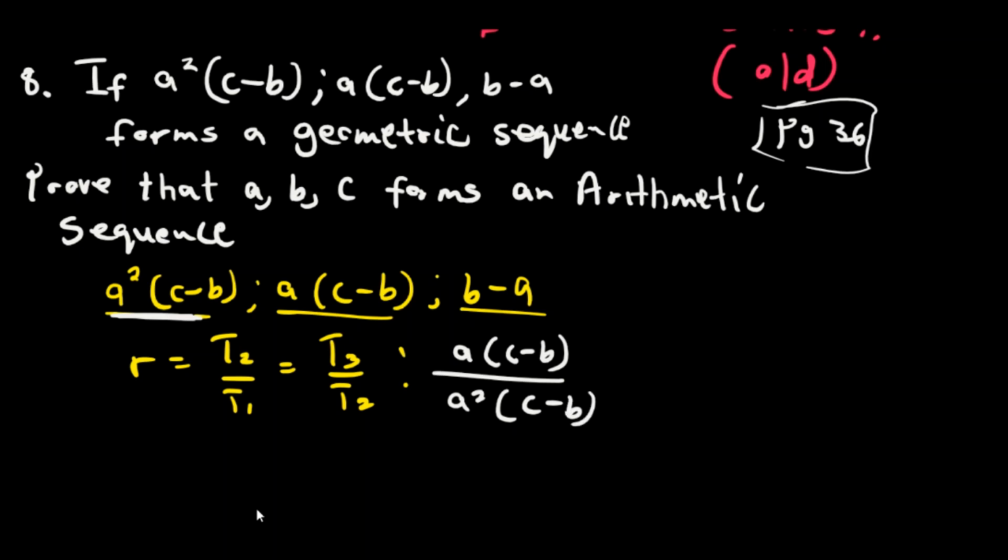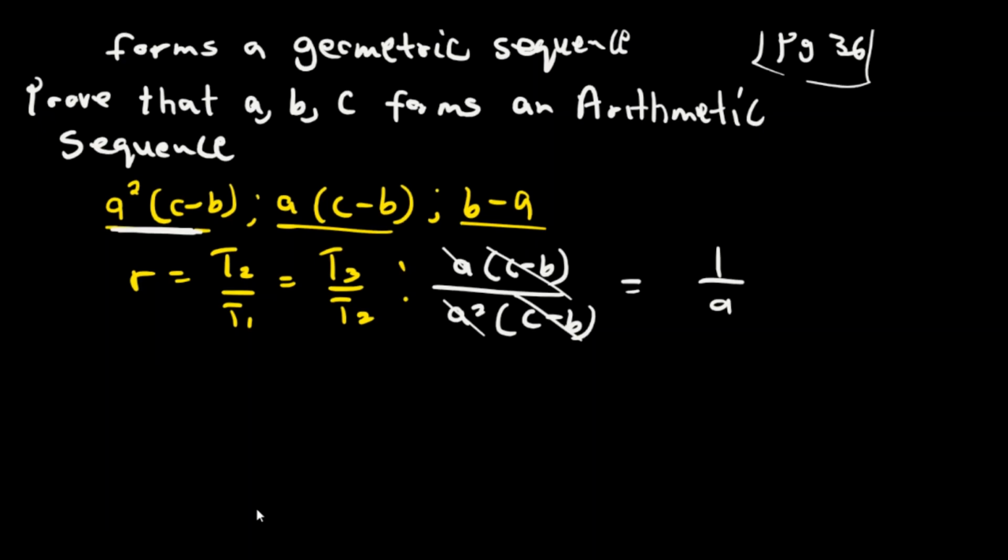So if you divide out this a, divide out this a squared, we're just going to remain with 1 over a, right? And divide out the c minus b, so you'll just remain with 1 over a. So your r in this case is 1 over a.